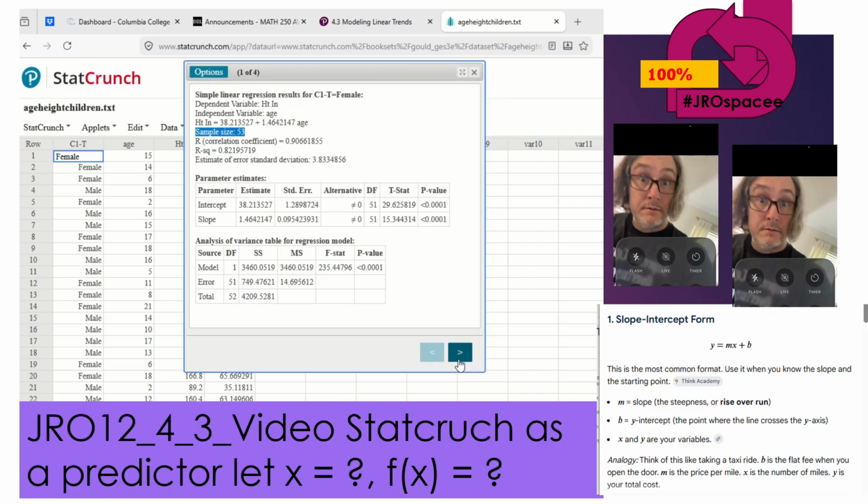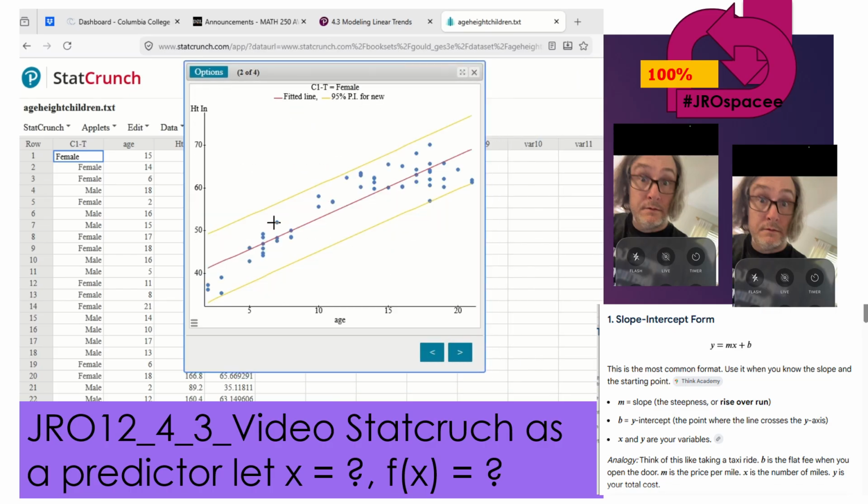Then notice of course it'll give us our stat plots. One thing nice about StatCrunch is that when you hover over the line, it reveals the equation. That's cool.